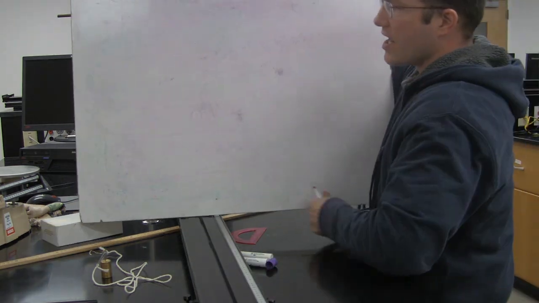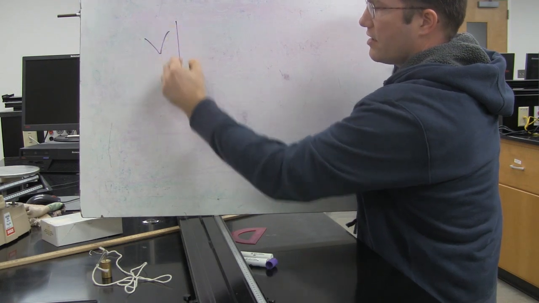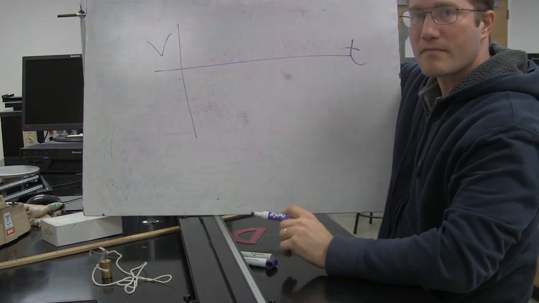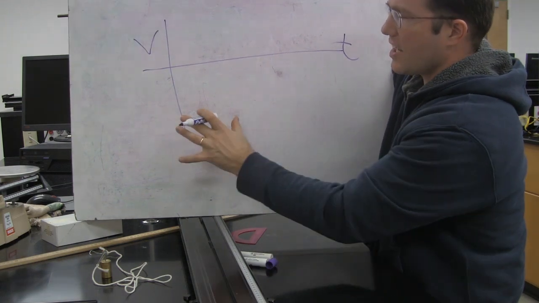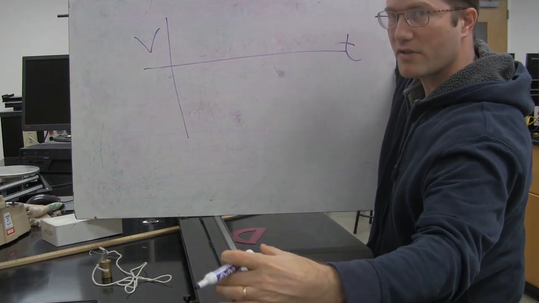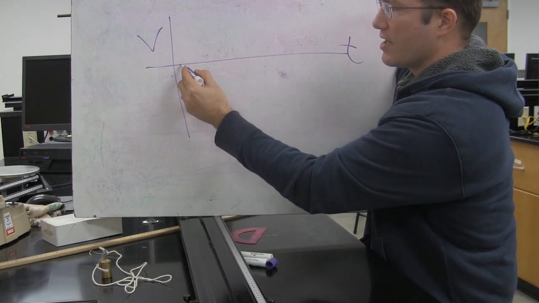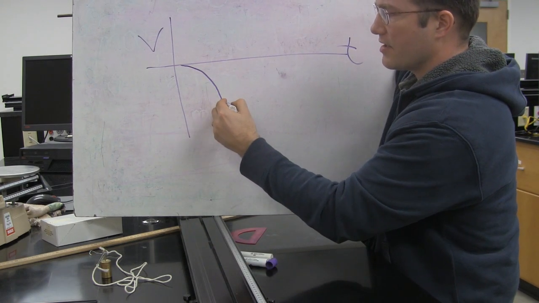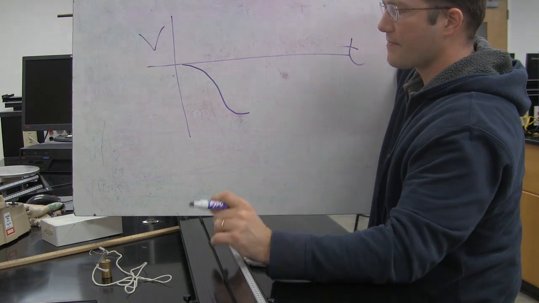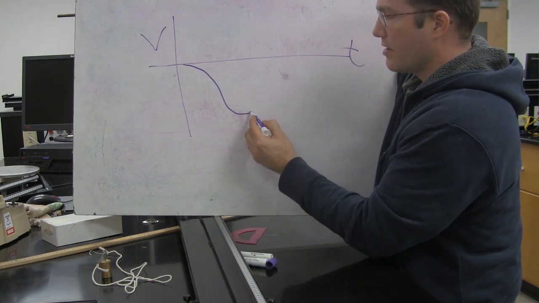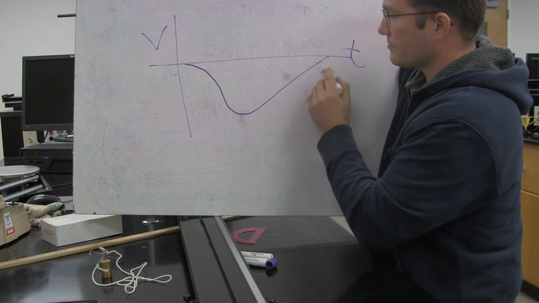Let's say I'm making a graph of velocity versus time. Now, as I gave it a push, because I'm going toward the motion sensor, I'm giving it a negative velocity. So it started at 0, and I gave it some sort of a negative velocity here. But when I released it, it slowed down back to 0 again.